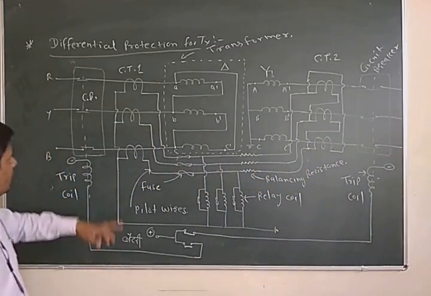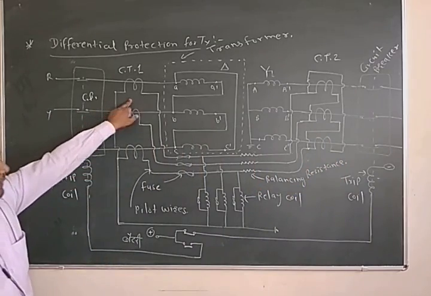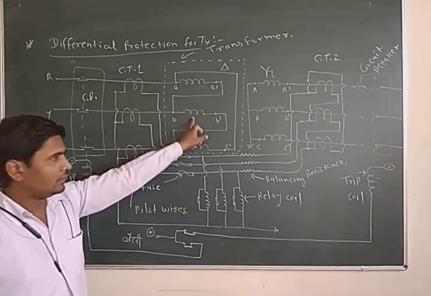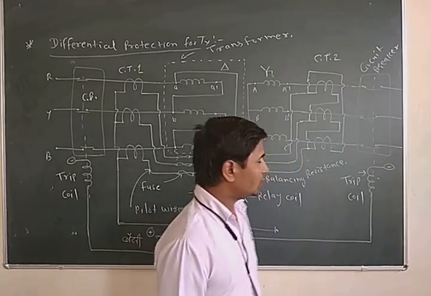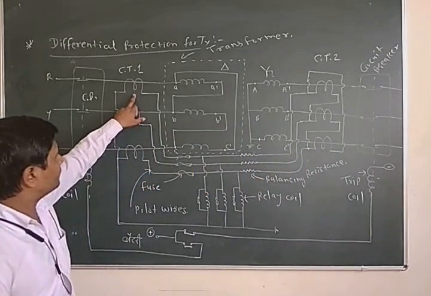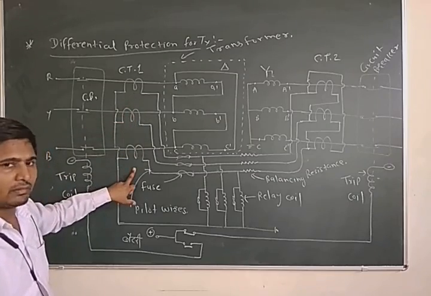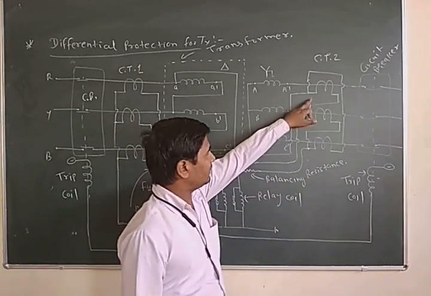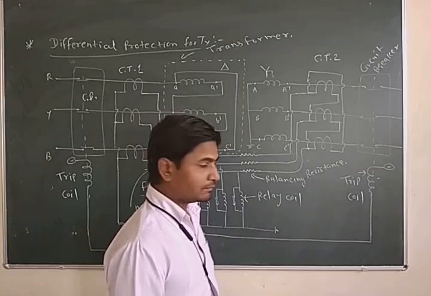In normal condition, rated current flows in the primary of the transformer and rated current flows in the secondary of the transformer. So the output of the CT at the primary side is also rated current, and the output of the secondary CT will also be the rated current of the secondary CT.